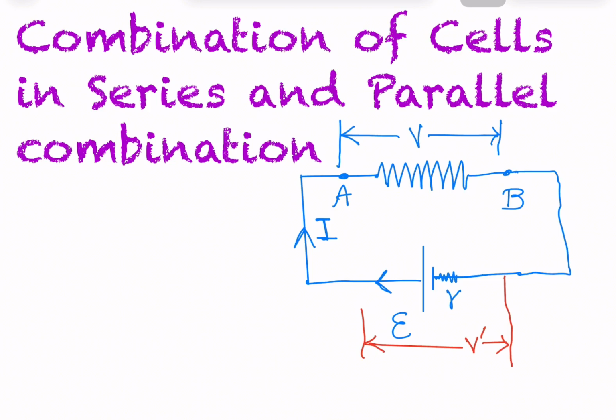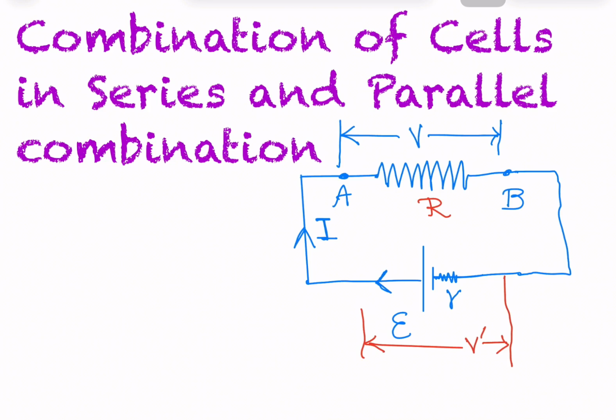Now we have taken a cell of EMF E and internal resistance r connected to an external resistor of resistance R. V is the potential drop across the external resistance. V dash is the potential drop inside the cell.